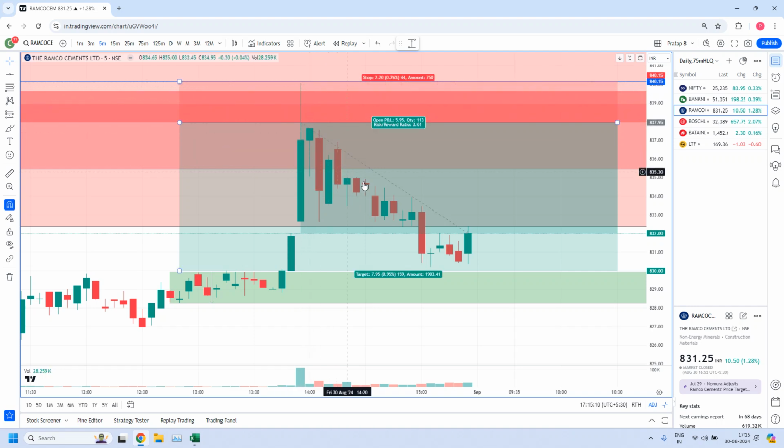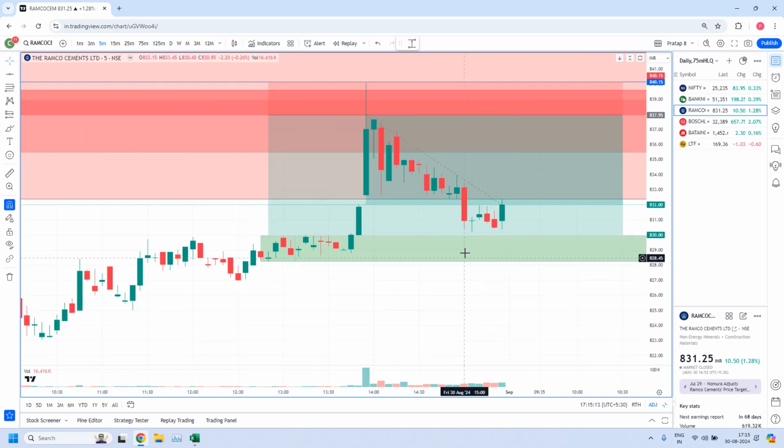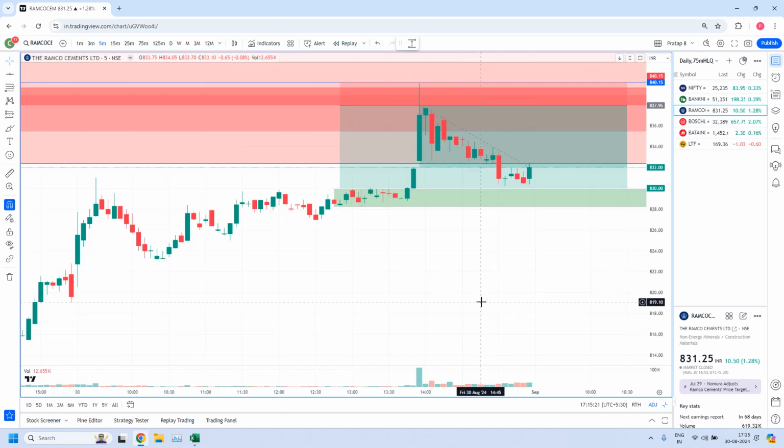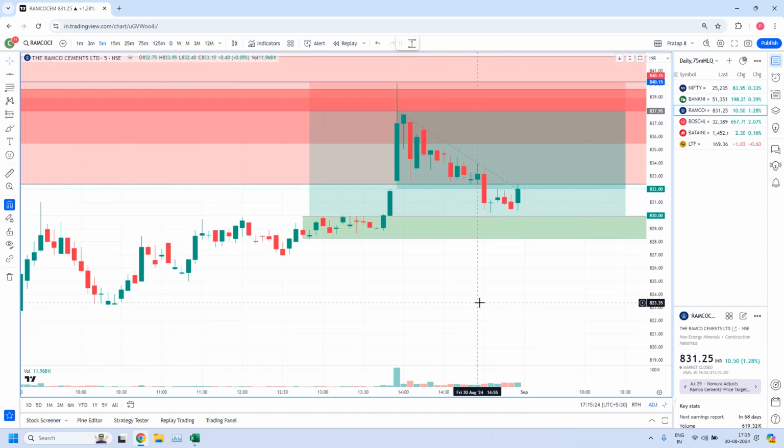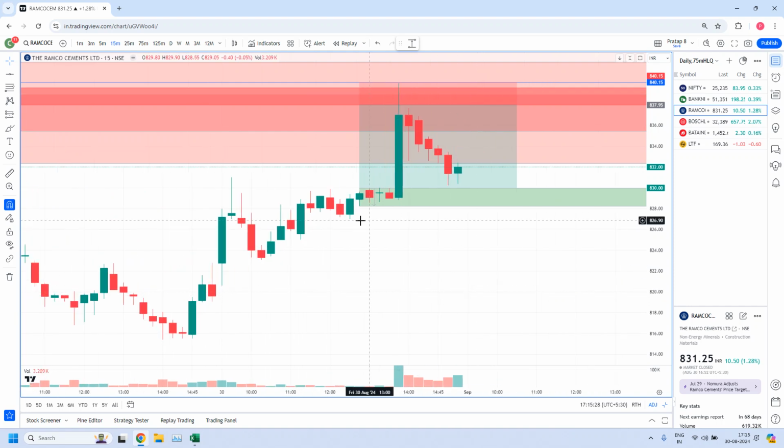And after that, finally, it reached the 15-minute supply zone. That came very close. Generally, we exit a few paisa before. So somewhere here, we would have exited. So this is the 15-minute target zone. See here, we have a rally, base, rally.